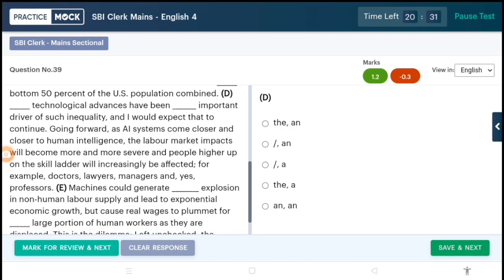Next D dash technological advances have been an important driver.